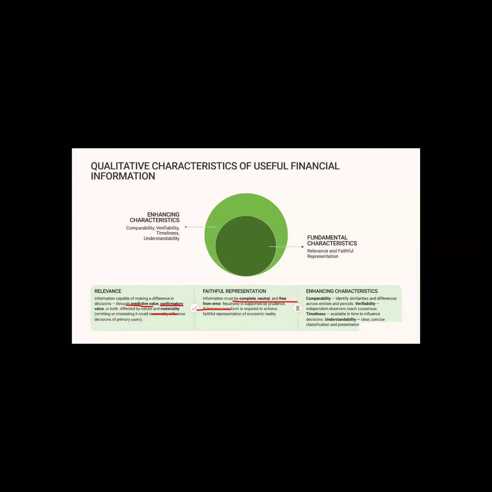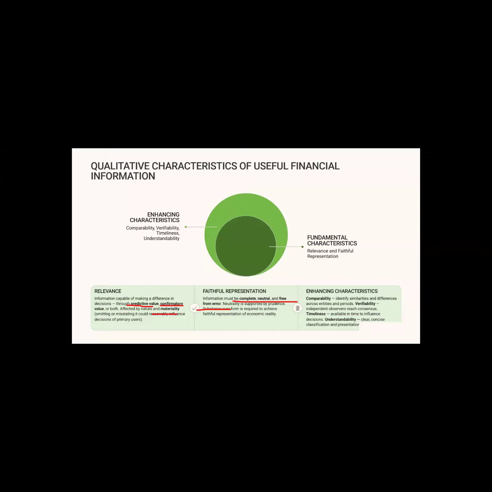That is not faithful representation. So there must be neutrality. That is another characteristic. And free from errors. Free from errors means the information that you are recording should be free from errors. There should not be any errors or mistakes.